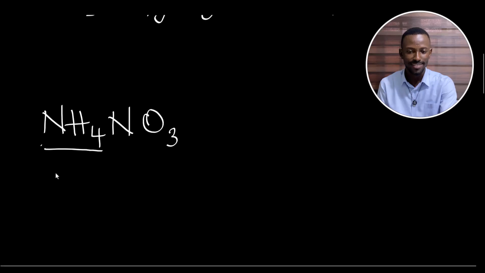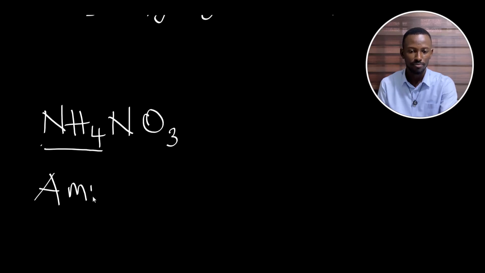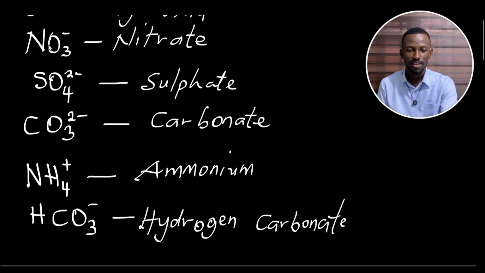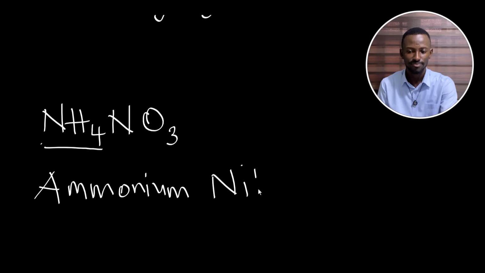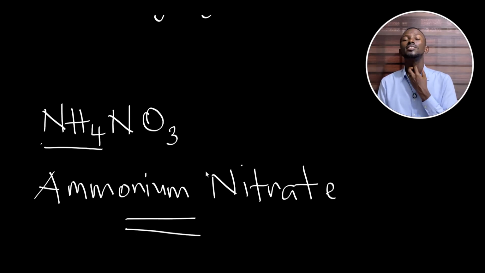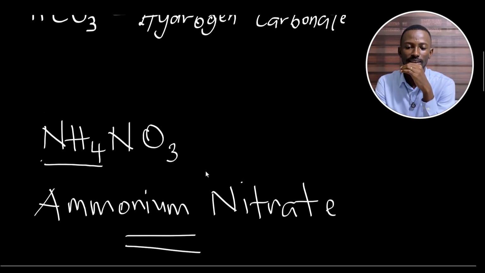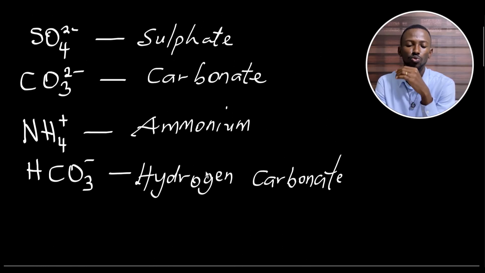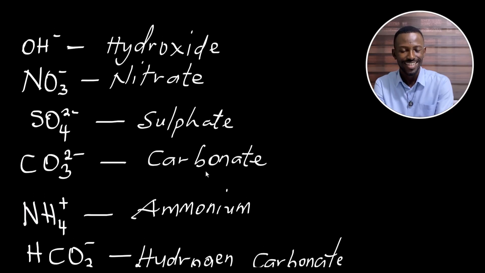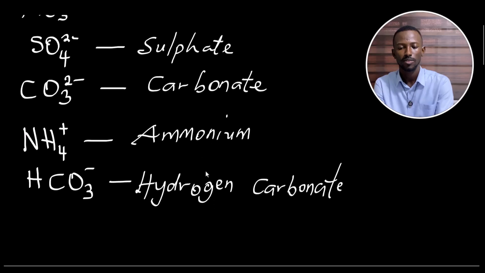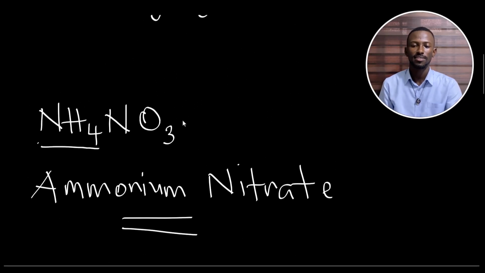So that means the first part of this compound is ammonium. And this NO3 also looks like a polyatomic ion. NO3-. Good, so we have ammonium nitrate. Ammonium nitrate. We are done. No long talks. You see why I said if you master the polyatomic ions, it becomes very easy for you to name these compounds. So you have ammonium nitrate present. Good. Let's pick our next example.